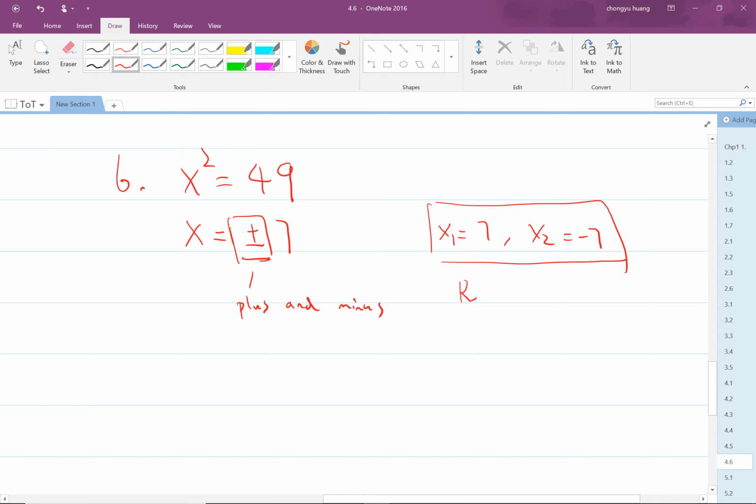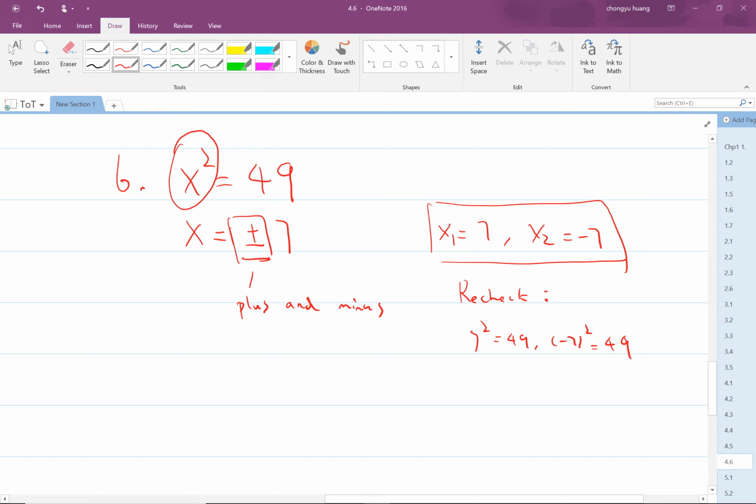To recheck, as I told you before, we just apply the number back. We have x squared as the same over here, so 7 squared is 49, and negative 7 squared is also 49, right?